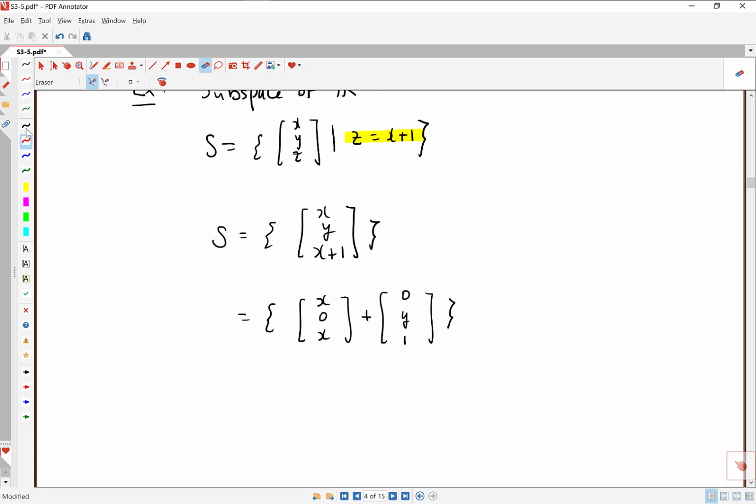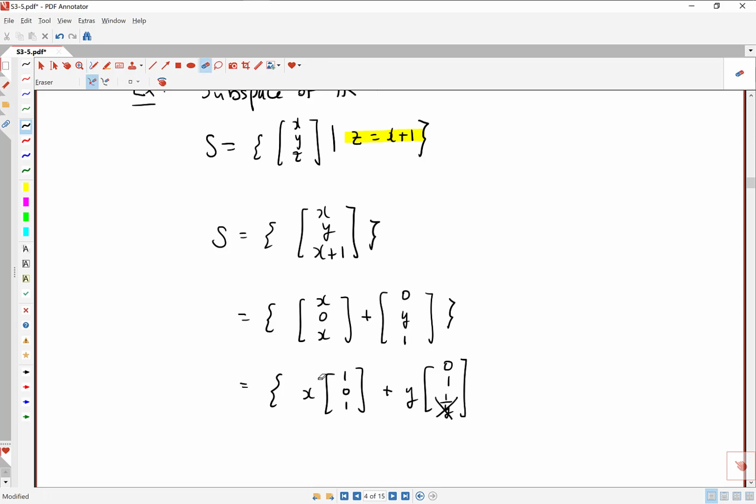So the question is, can we write this as some number times a vector? So we could write x times 1, 0, 1, but we run into problems with the second vector. See, we can't pull the y out of this. We can't write plus y times some vector. We'd be forced to write something like 1 over y here, and that's not allowed because you're looking for a vector of constants, not allowed to put any variables in our vector.